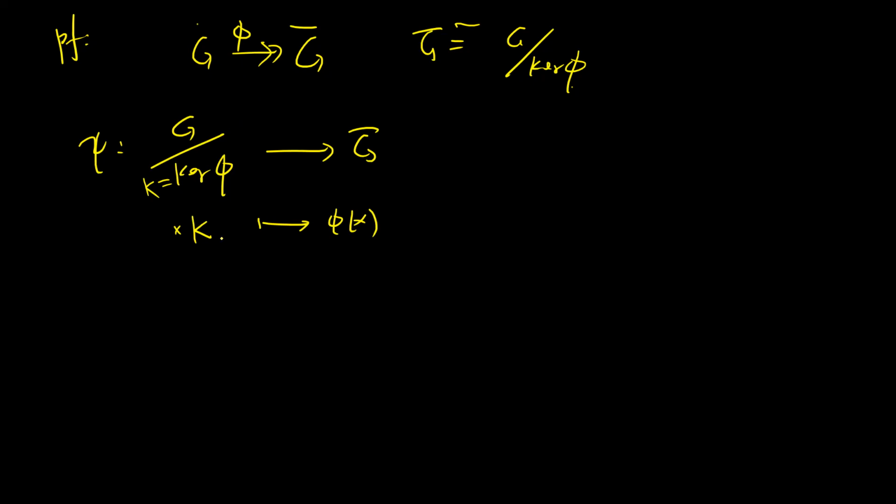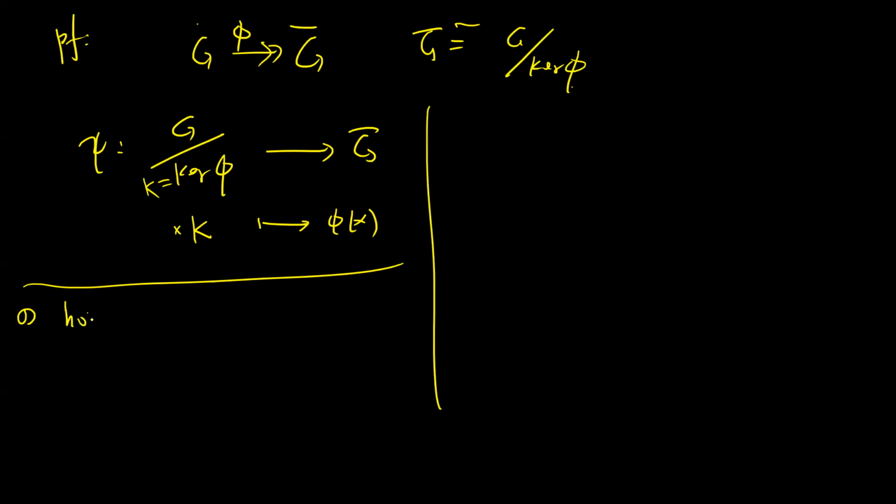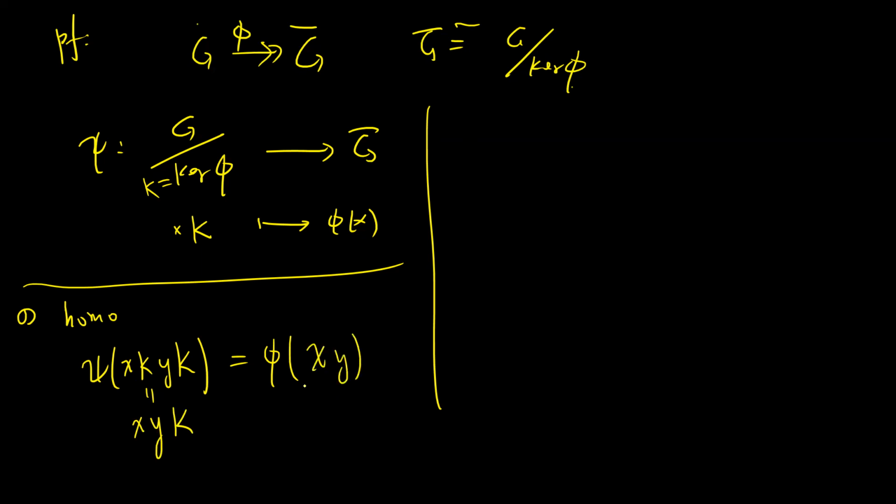First, we need to prove that it is a homomorphism. This is trivial because psi of xK times yK, by definition, can be rewritten as xyK, which by definition is phi of xy. But phi is a homomorphism, so this is phi of x times phi of y, and then you can write this as psi of xK times psi of yK.